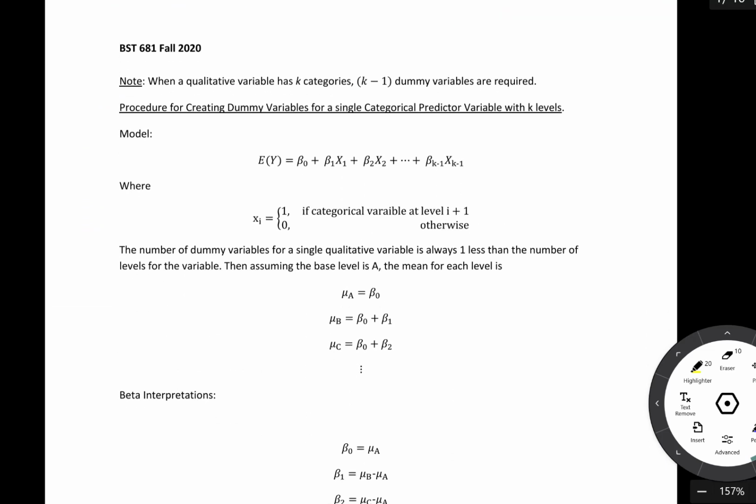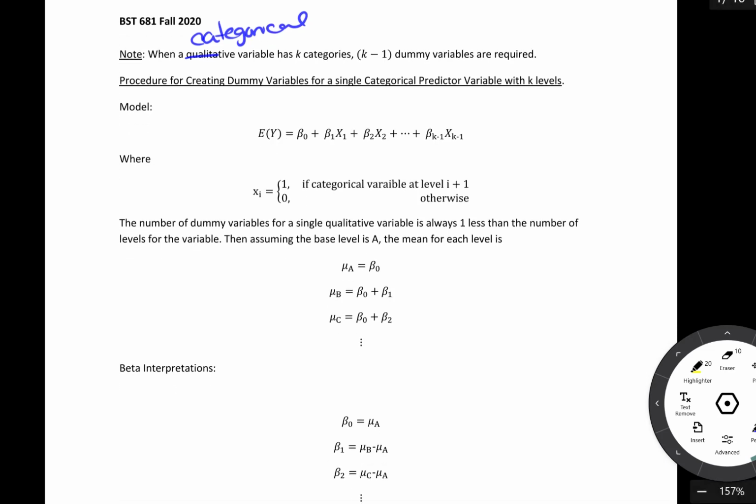All right, so when a qualitative variable, or we could call this a categorical variable, has k categories, we need k minus 1 dummy variables. So here we have a procedure for creating dummy variables for a single categorical predictor variable with k levels.